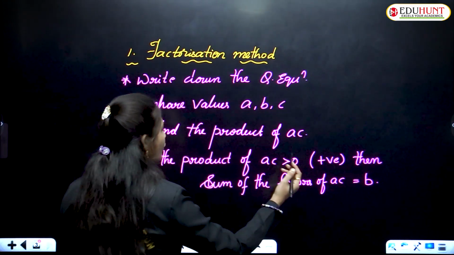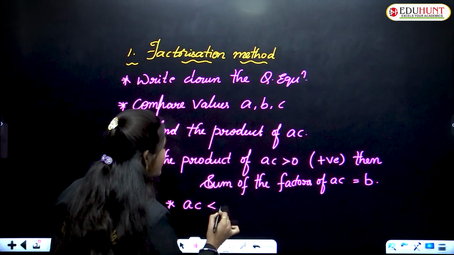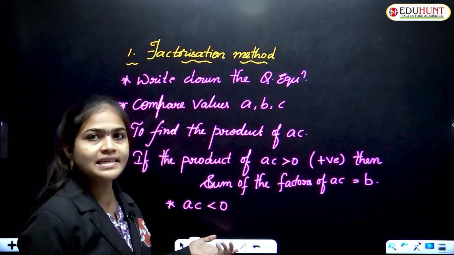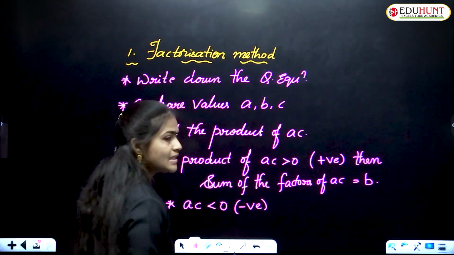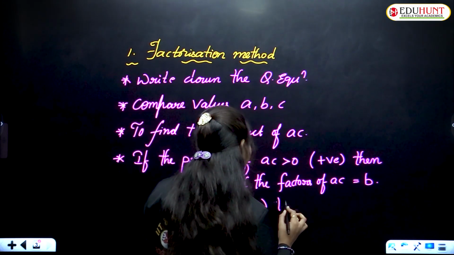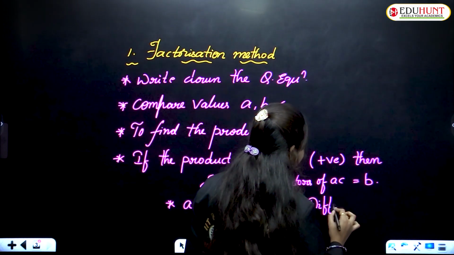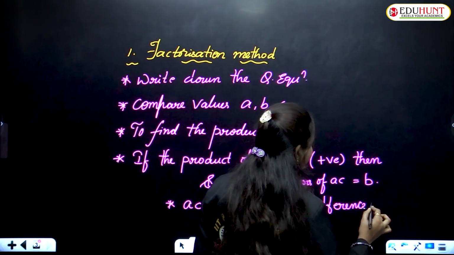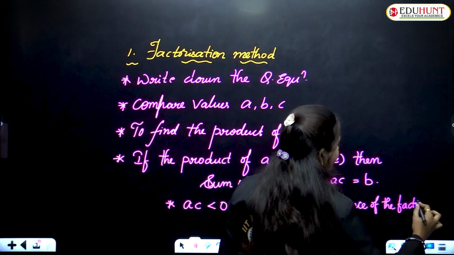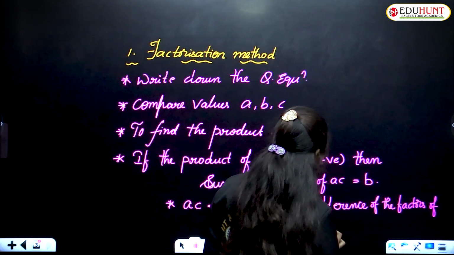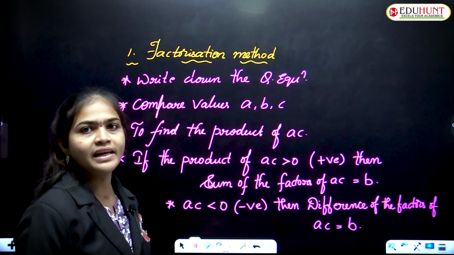Next, if the product of AC is less than 0, if the AC value is negative, then the difference of the factors of AC is equal to B. Am I clear to you? So these steps we have to follow.